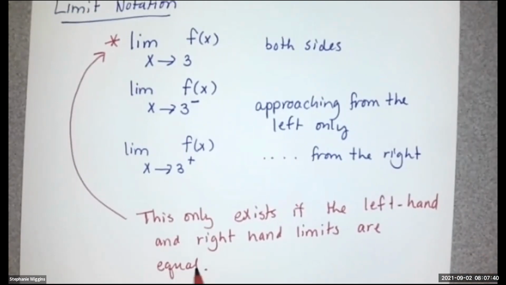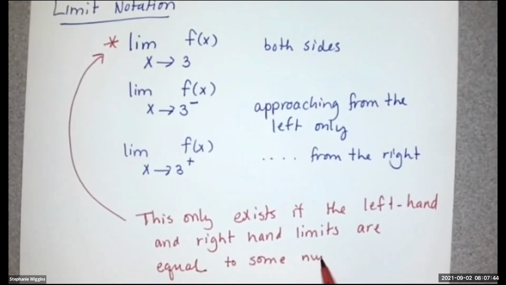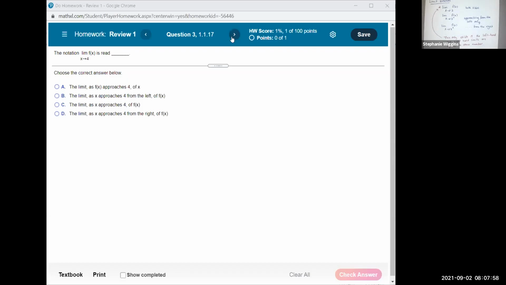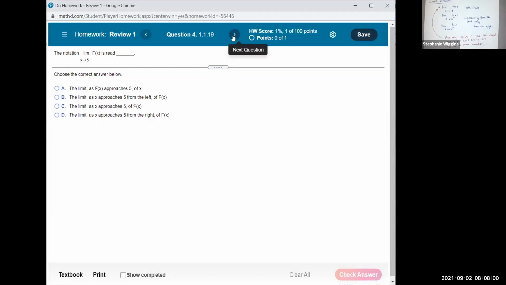Really important to understand that. This is the x approaching 5 from the left. So the limit as x approaches, it looks like B is the correct choice.